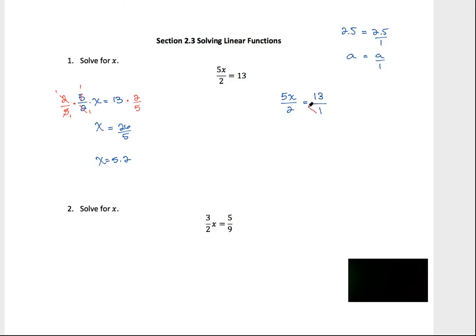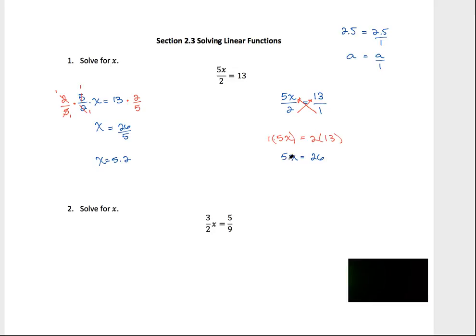So when I cross multiply, I multiply 1 times 5x, and on the right, I have 2 times 13. So 1 times 5x is just 5x, and 2 times 13 is 26, and now I'm left with 5x equal to 26.